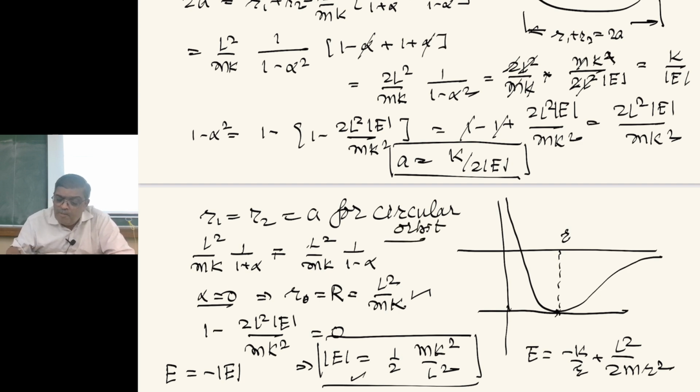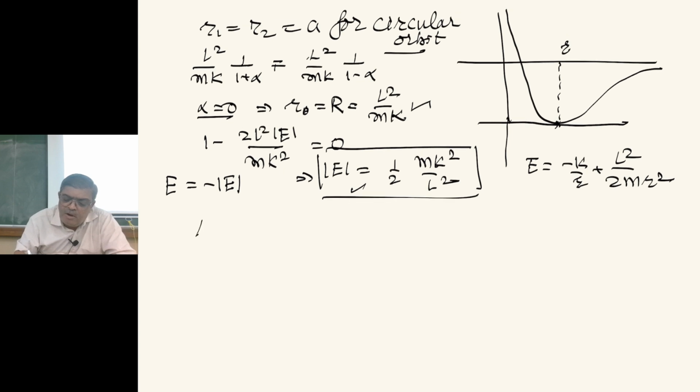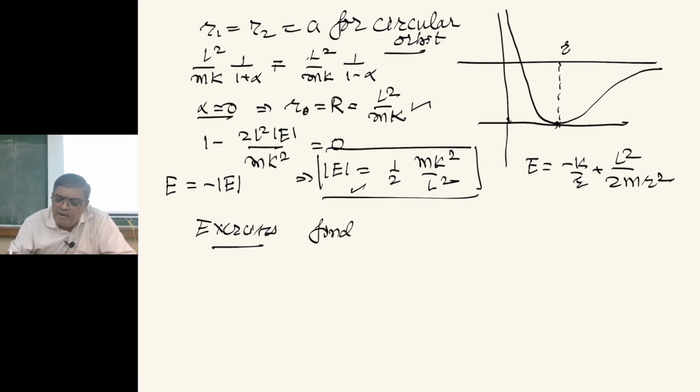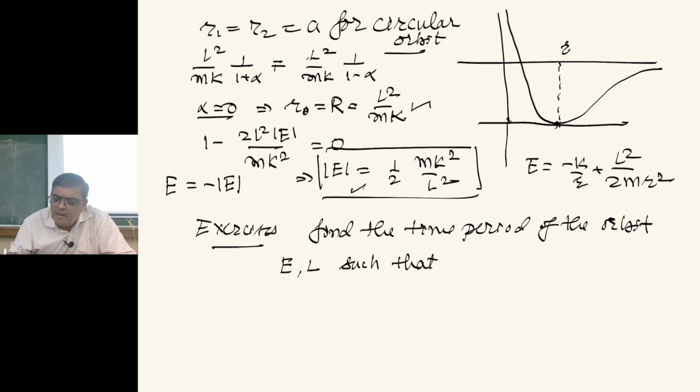Okay, so let me pose some exercises for you. The exercise is: find the time period of the orbit in which I am going to have energy E and L such that E is less than 0 and the orbit is circular.